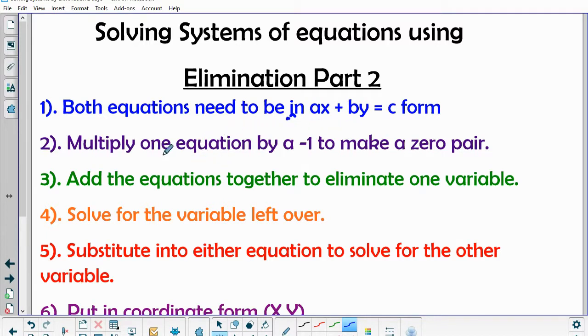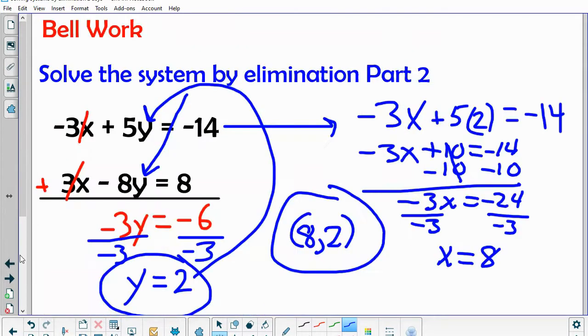If you don't, you may have to multiply one of the equations by negative 1 to make a zero pair. And if that's the case, then once you've done that, you can add the equations together like we did on part 1 of these solving systems by elimination, and then solve for the variable, and then just follow these same steps once again.